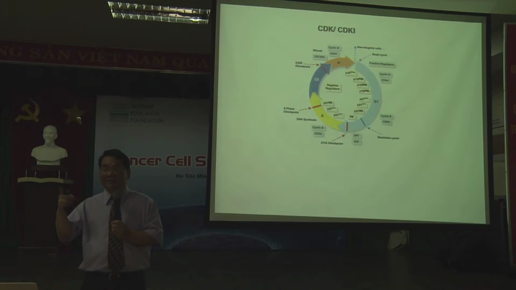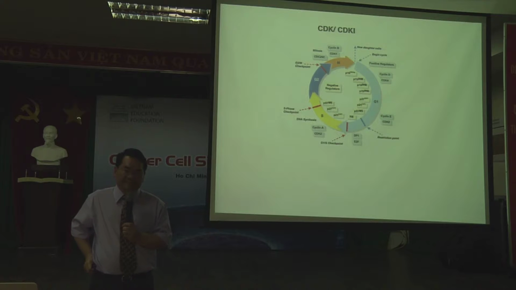So CDK could not go in, and cyclin has no function, thereby inactivating cyclin CDK activity. So mechanism-wise, 14-3-3 sigma is different from P21, the CIP/KIP family or the INK4 family. Good question, yeah. And the second question is, for controlling the cell cycle, we only have the negative regulators.